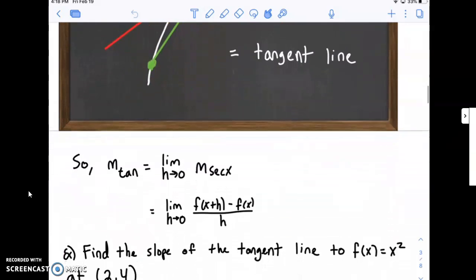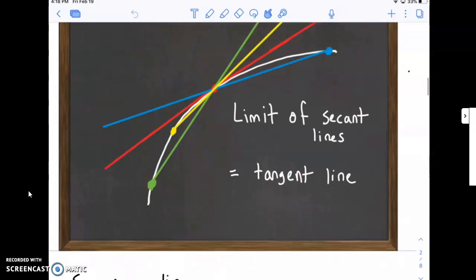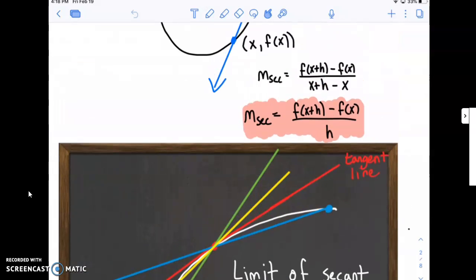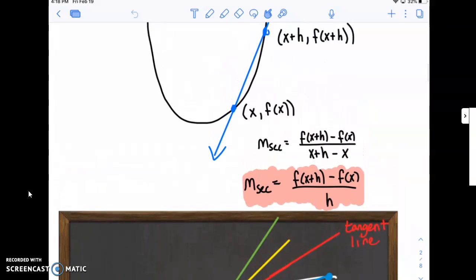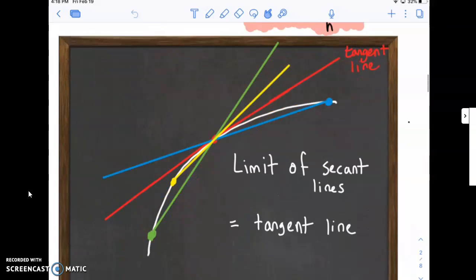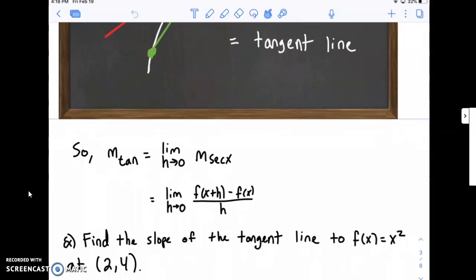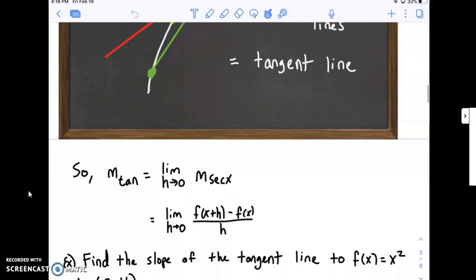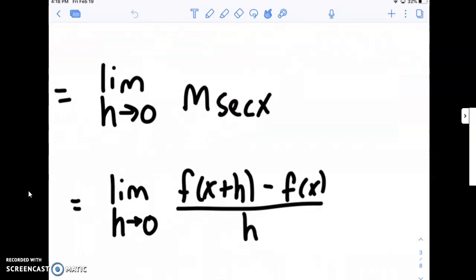And so the result is this. The slope of the tangent line is the limit as h goes to 0, again h being in that difference quotient up above. We're letting the second point basically become the first point. The limit as h goes to 0 of the slope of the secant lines would give us the slope of the tangent lines, and that's where we get our formula here.